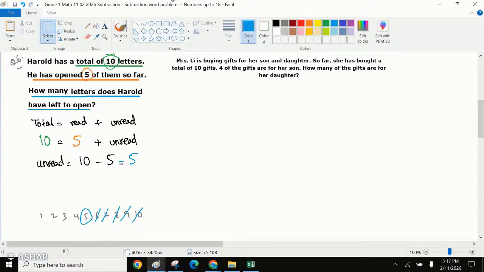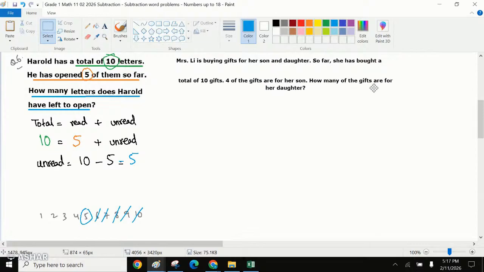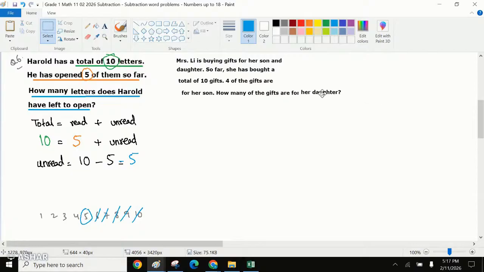I will just realign this so that it's readable for us. So the question says Mrs. Lee is buying gifts for her children.